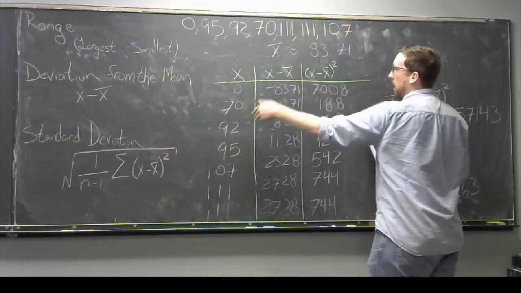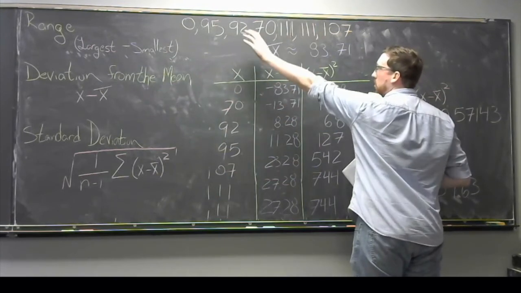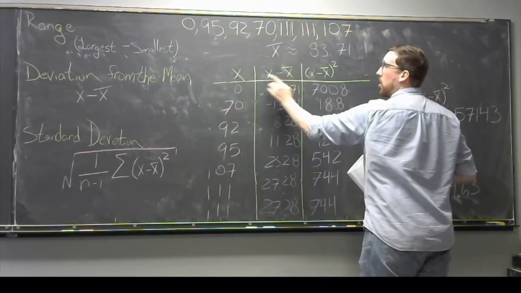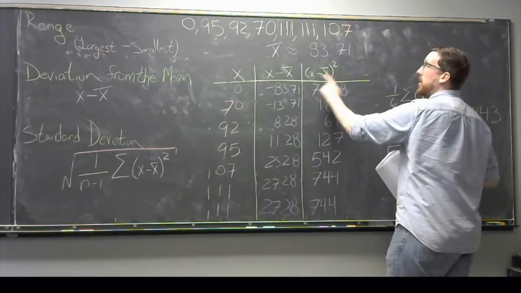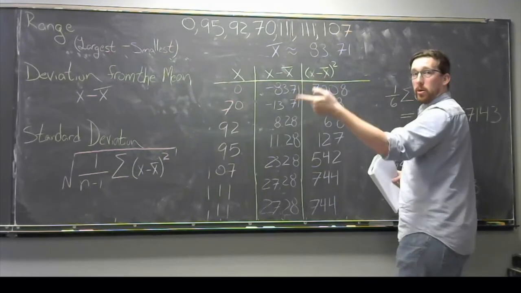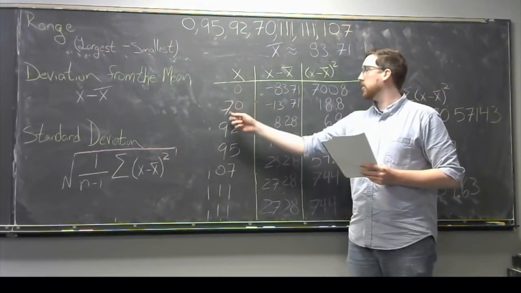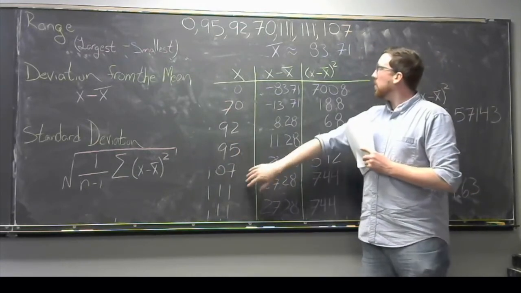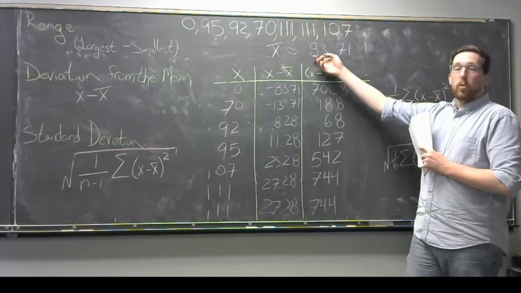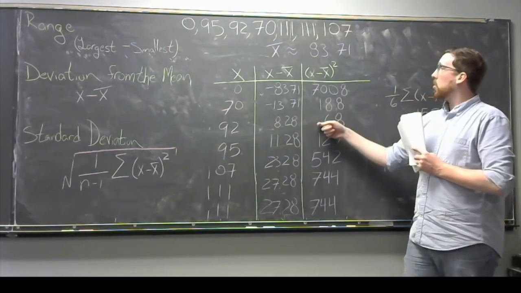One column is going to be our actual data points. Our second column is going to be the deviation from the mean. And our third column is going to be the deviation from the mean squared. So we've got our data points, 0, 70, 92, and so forth. From them, we subtract our mean. From there, we square it.